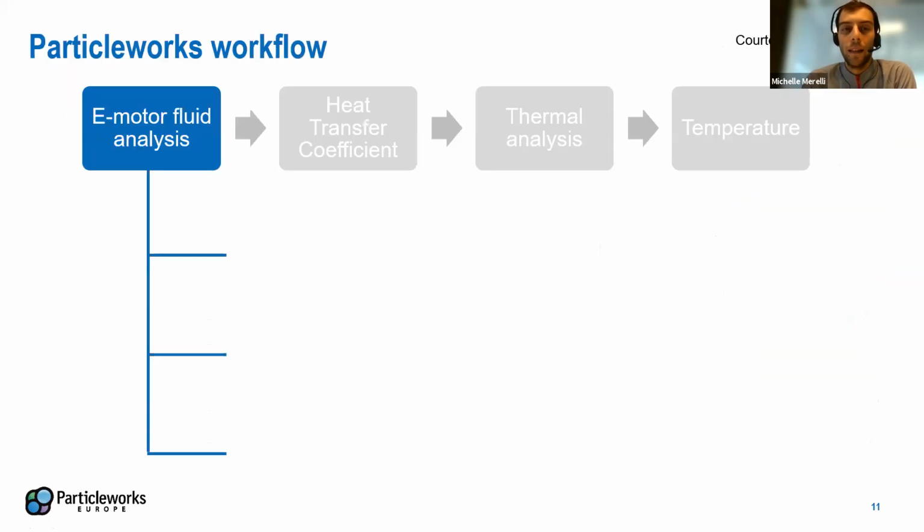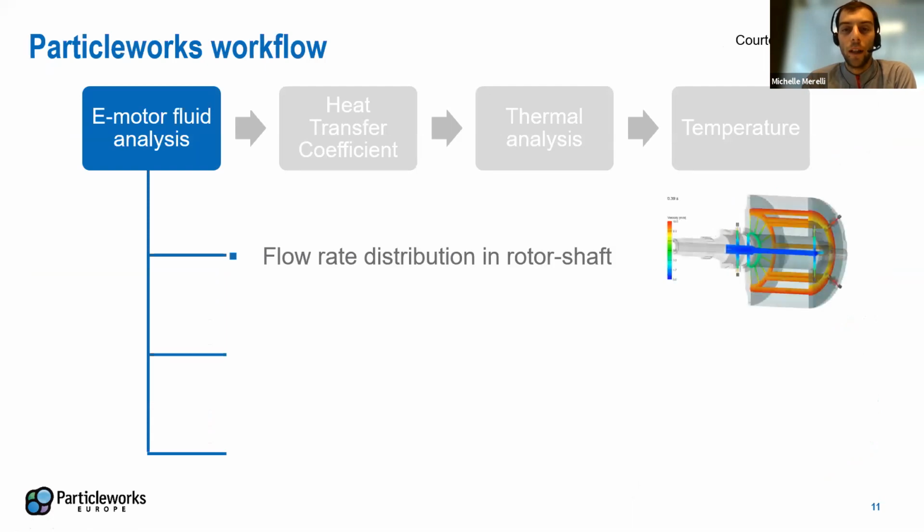So let's see what the outputs usually are, or the types of simulation that we can analyze with Particleworks. We can optimize the flow rate distribution in the shaft. So the first part is usually to balance the flow rates in the different areas of the injection circuit.